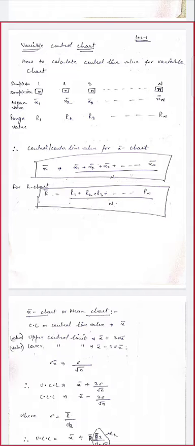The x bar chart is the mean chart, so for that we calculate the mean value for each sample, add them, and divide by the number of samples, that is capital N. Similarly, for the range chart we add every range value of each sample and divide by capital N. Like this we can calculate the center line value for the x bar chart, the mean chart, and for the R chart, the range chart.